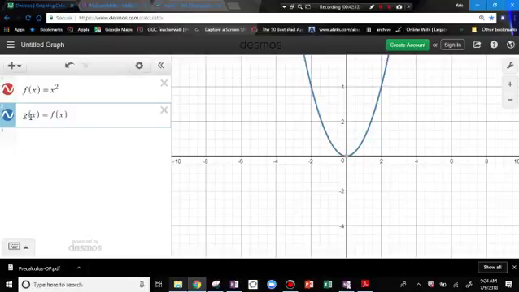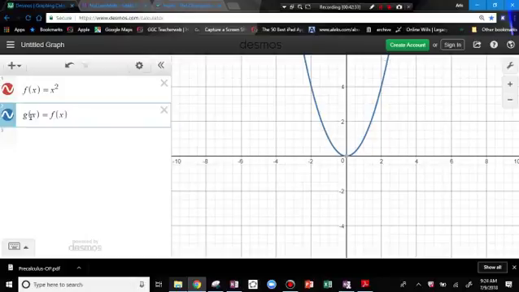G of x is f of x, right? What I want to do is change f by moving it up, adding some numbers to it, multiplying it by some numbers. We'll see what happens. So g is going to be f transformed.